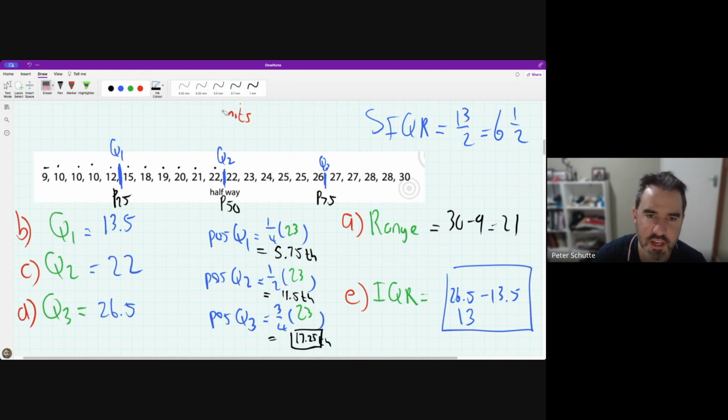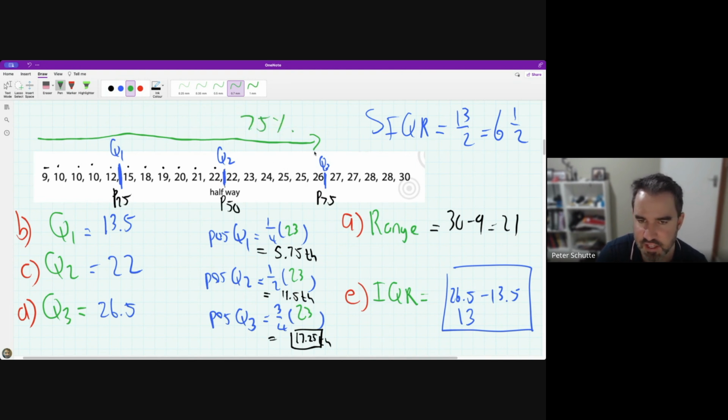If the data is arranged from smallest to biggest, when I get to here, I've used up 75% of all the data. I only have 25% left to go. That's why it's the third quartile, or 3/4 of the way through, or the 75th percentile.